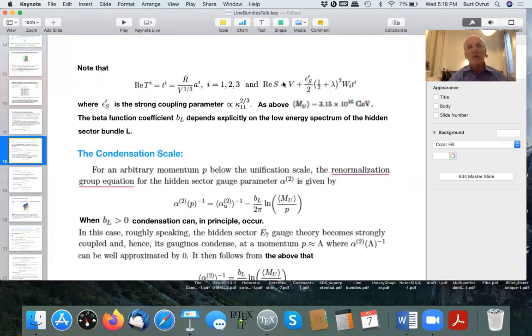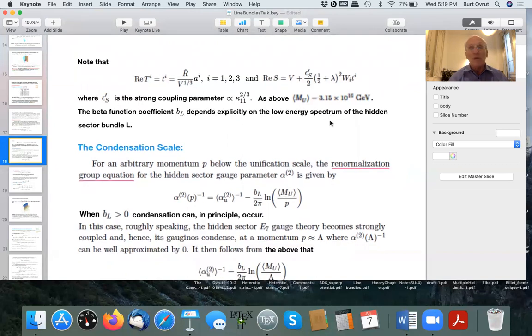And S depends on this volume modulus V. It also depends on the 5 brane through its effective class, and lambda, which as I said is 0.49. Epsilon S prime is a strong coupling parameter, which goes as capital 11 to the 2/3 power. We're always working at this particular unification scale. But b of L, which we have to calculate, depends on the low energy spectrum of the hidden sector.